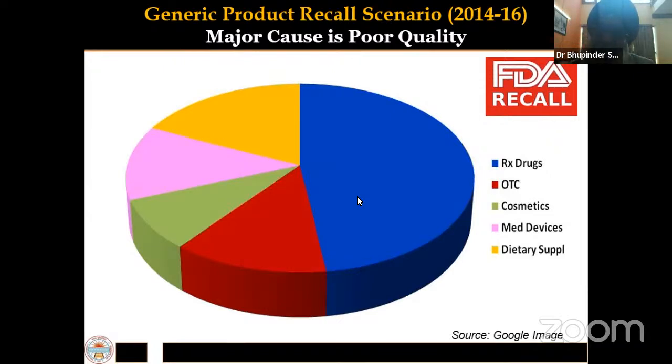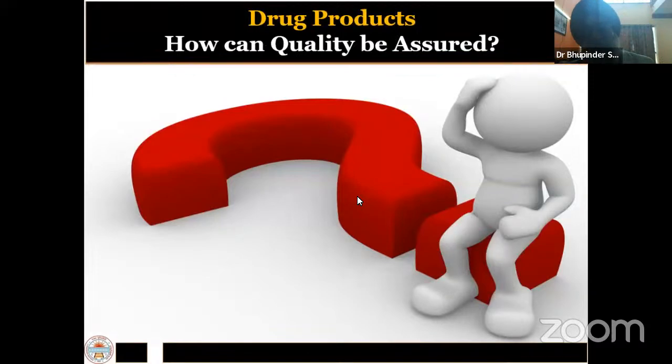It was extended to OTC products, cosmetics, medical devices, and nutraceuticals as well. So my question remains: how can the quality of pharma products, not only prescription, but non-prescription, cosmetic, and nutraceutical products as well, be assured?